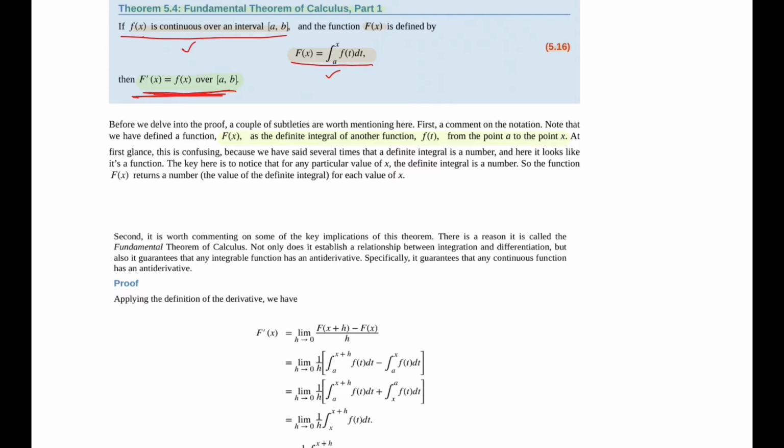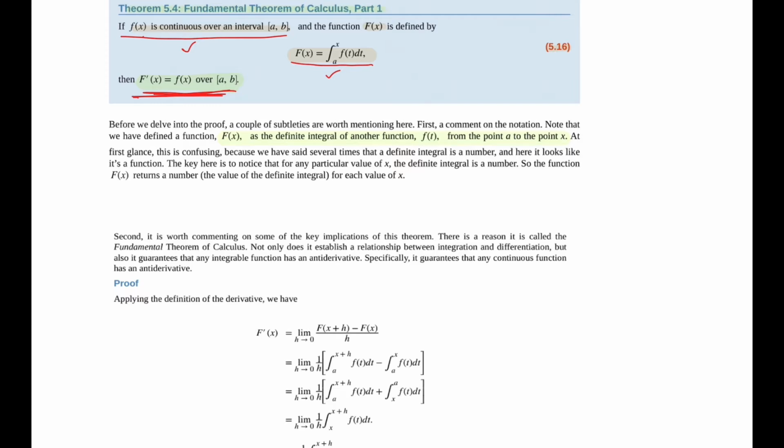At first glance, this is confusing because we have said several times that the definite integral is a number. Why is the definite integral a number again? If you recall the previous sections on definite integrals, you'll know that the definite integral denotes the area of a region.